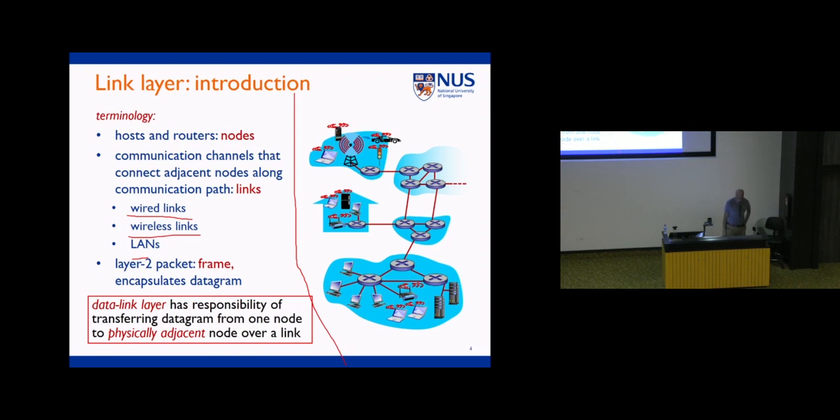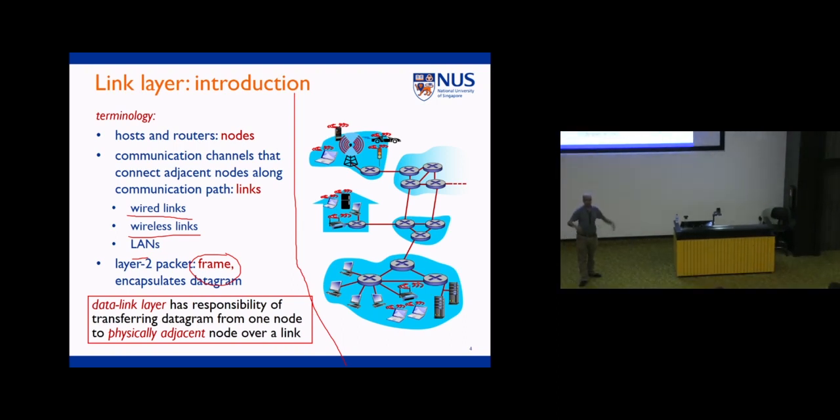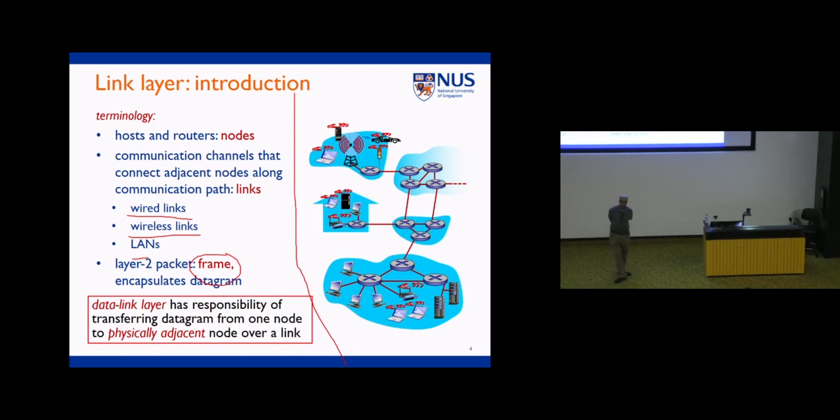And if you look at the standard documents and old papers and so on, a packet in a link layer context is called a frame. Just like packet was a segment in TCP, and a datagram in network layer, it's usually called a frame in link layer.